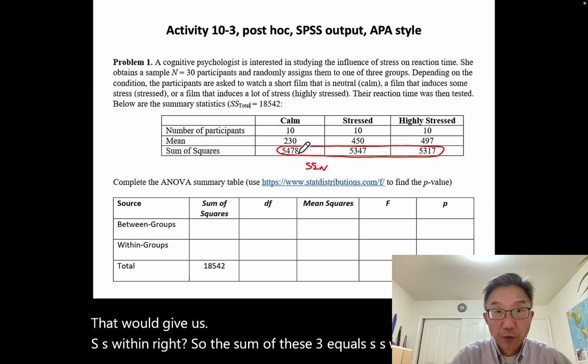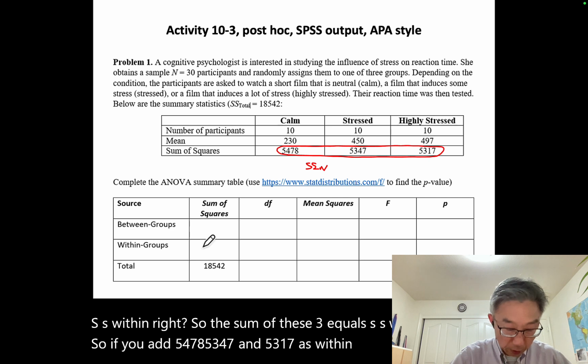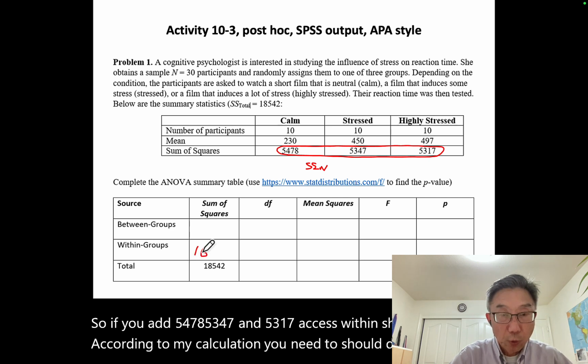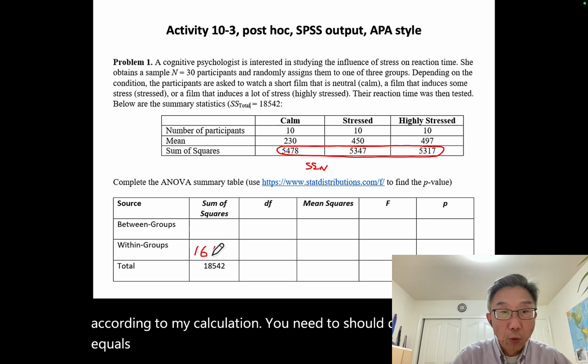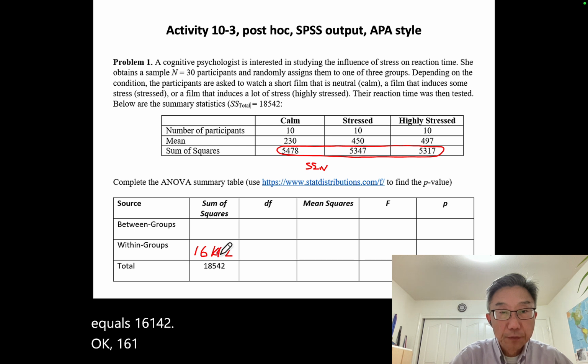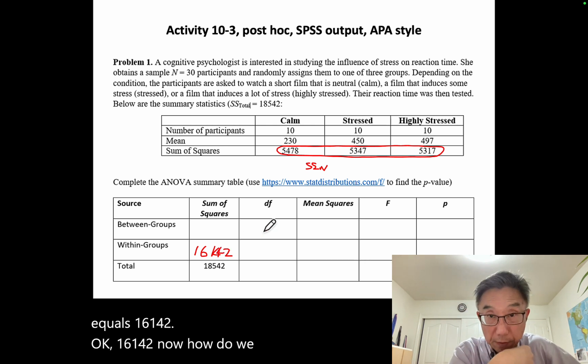If you add 5478, 5347, and 5317, SS within should equal, according to my calculation, which you should double check, 16142.